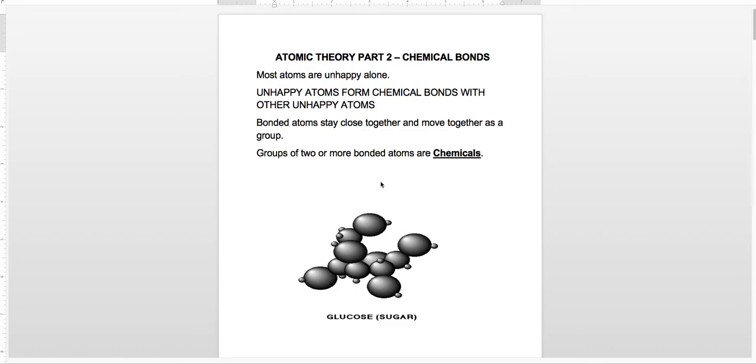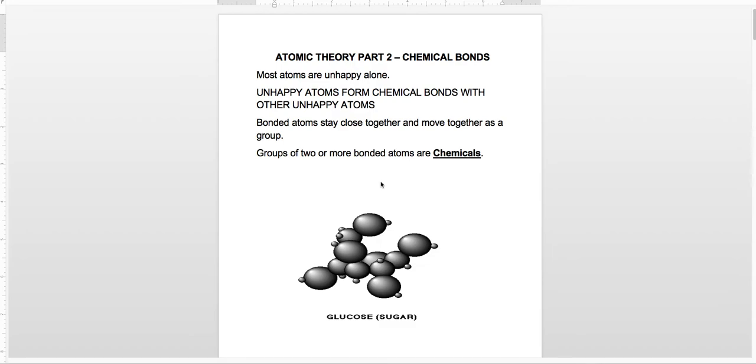And in this way, atoms are kind of like you. Atoms are social, just like humans are social. And because we're social, we tend to seek out other humans and we form attachments with them or bonds with them. Some bonds are familial bonds, like families, and some are friendship, and some are more acquaintance, and some are romantic.